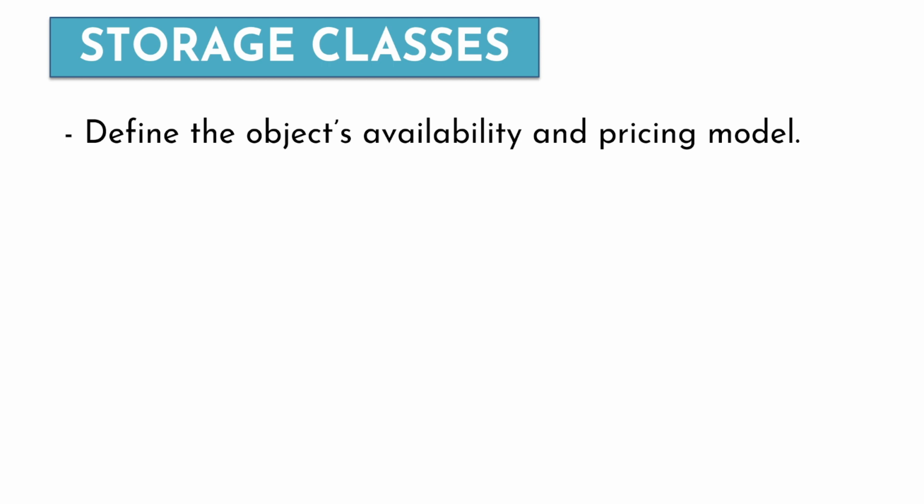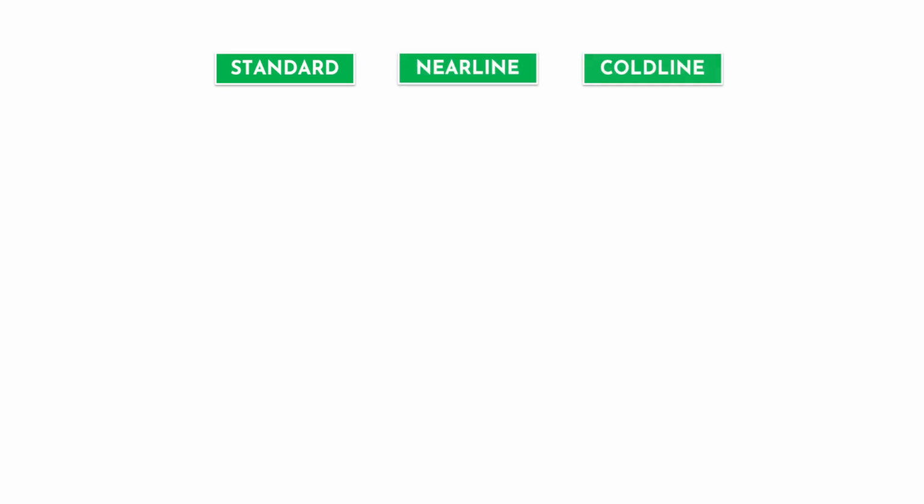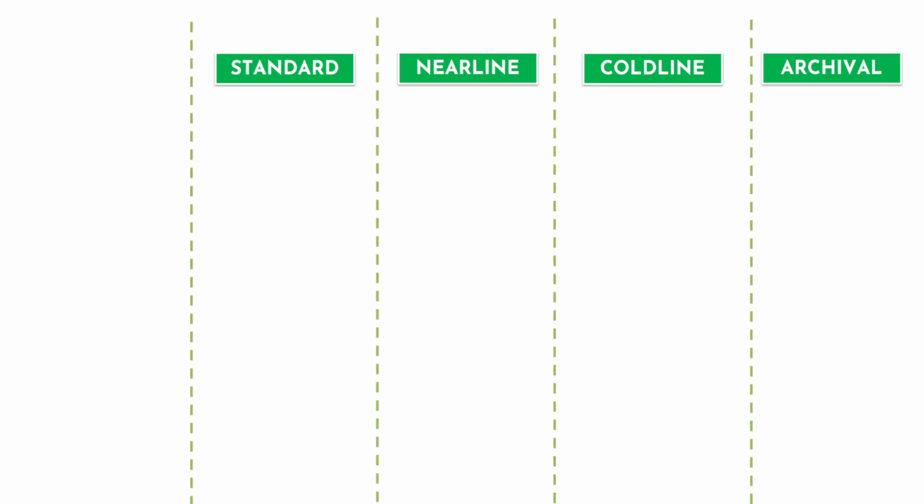So it defines the object's availability and pricing model. It also defines how fast the requested data can be retrieved from the bucket. There are four types of storage classes that GCP supports: standard, nearline, coldline, and archive. Let's see the differences between all those four.